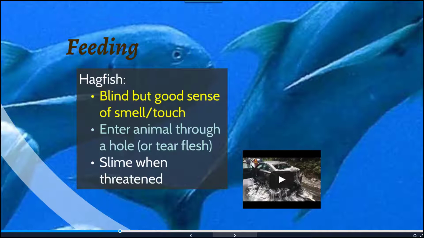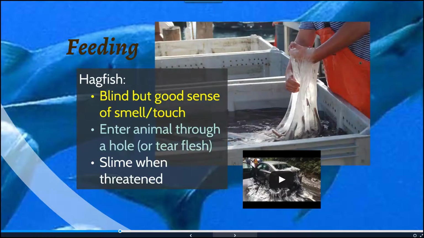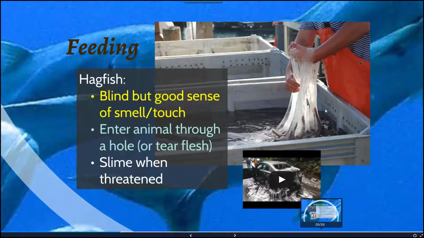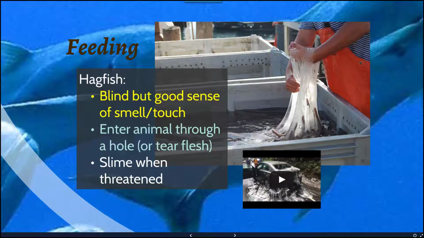So the hagfish is going to be a blind fish, but it does have a good sense of smell and touch, and it will enter an animal through a hole or a tear in the flesh, and then slime when it feels threatened. And in this image here, we have someone who's got their hand in a big bucket of hagfish, and as you can see, there's a giant amount of slime associated with these.